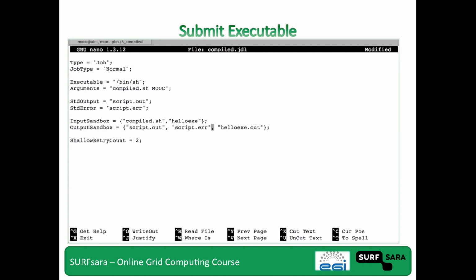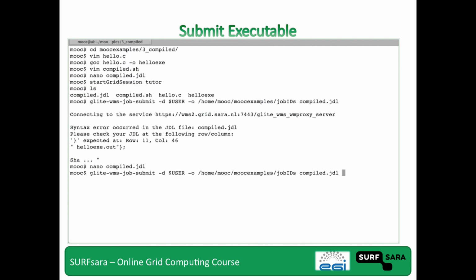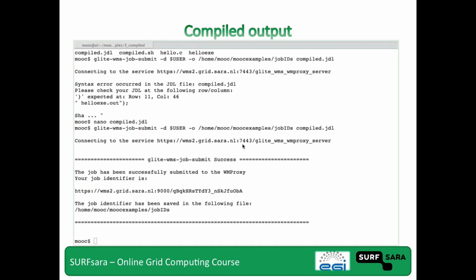Just add those, and now it should work. And you'll be debugging this more often. Alright, we've submitted the application, we got back the job identifier. And that's it. And we can now retrieve the output.